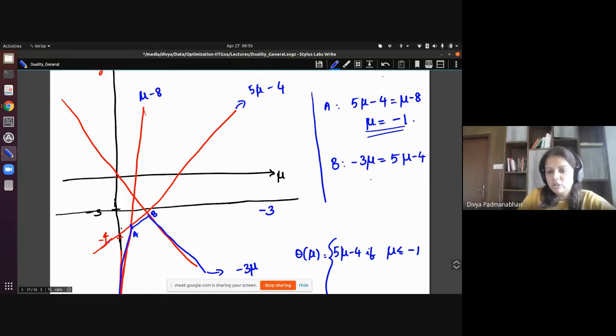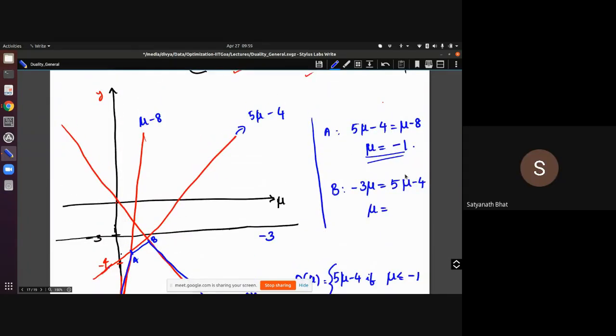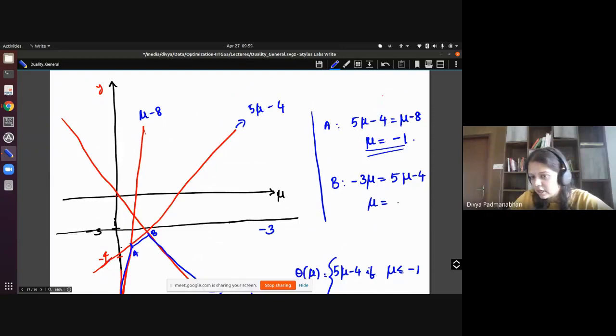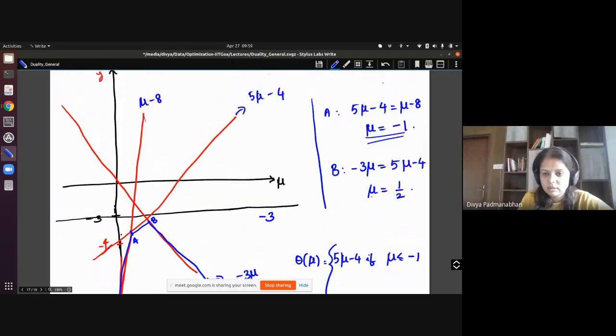So what you're going to get is mu is equal to phi mu minus 3 mu. So mu is equal to what? Okay, I think it's half. Mu is equal to half? Yeah. Mu is equal to half, okay.